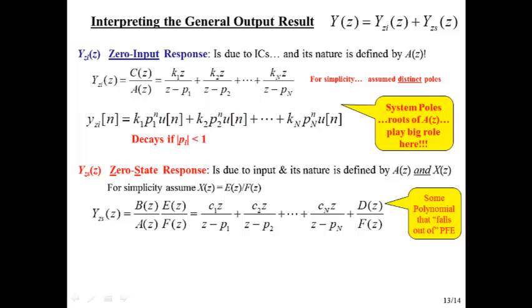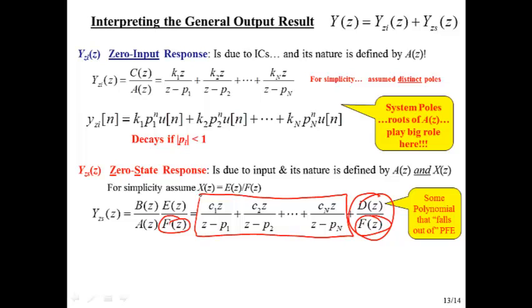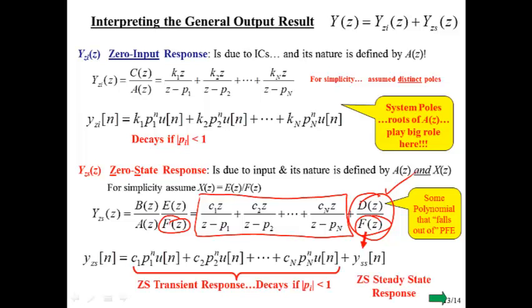And then there will be some other stuff here that comes from the partial fraction expansion, but it also retains that F(z). So this part we can make some assertion about. This other part really depends on what the input looks like and how it ends up after the partial fraction expansion. But the big idea here is that this first part is a transient part if the system is stable. All of these are going to be decaying exponentials if the poles are inside the unit circle.